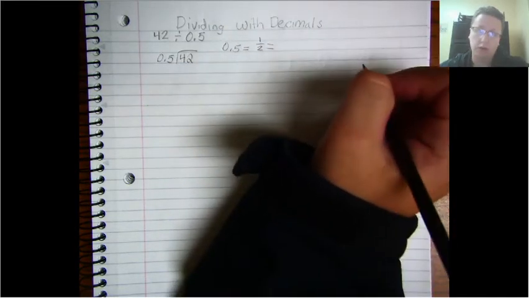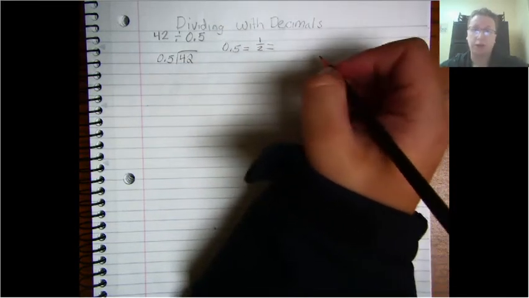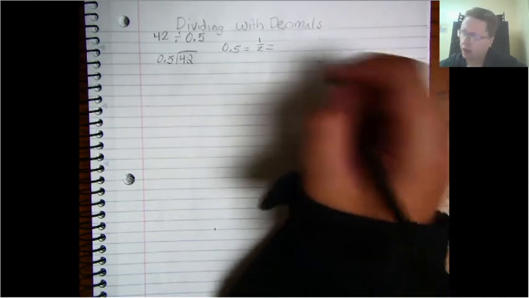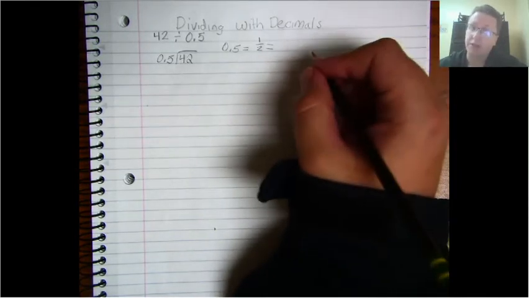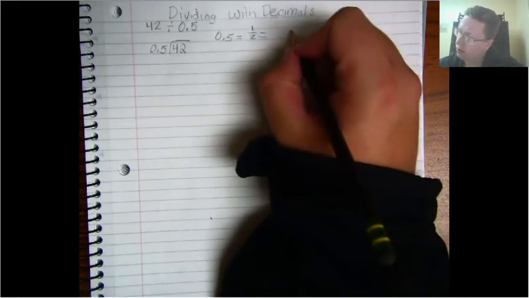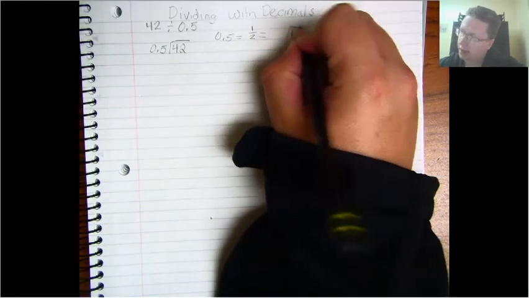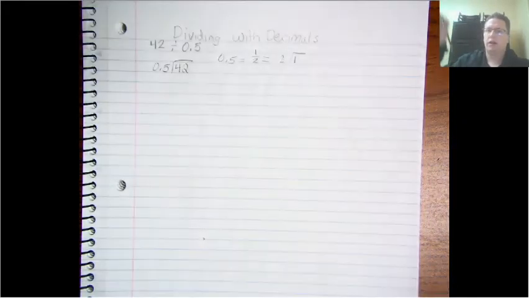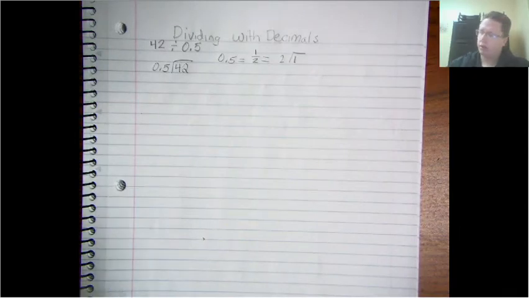fractions can be rewritten as a division problem. There's going to be a video to come about the different ways to write division problems, but here's a little sneak peek. You put the 1 inside the house, as I say, and 2 stays out. To prove that, you would divide 1 by 2.